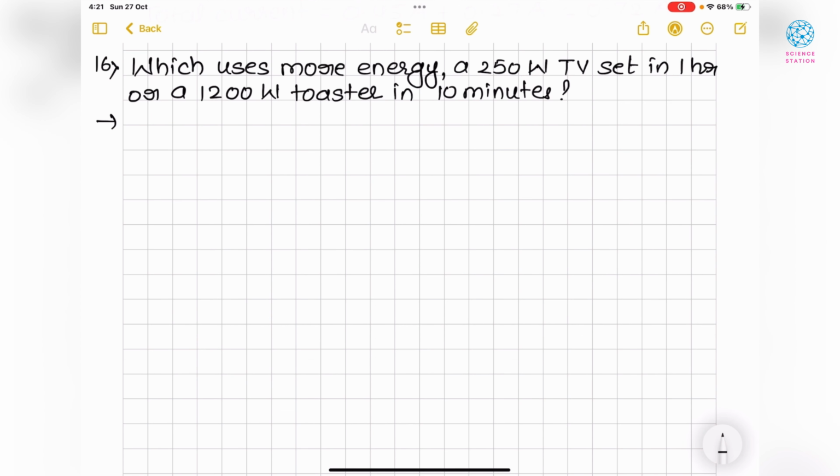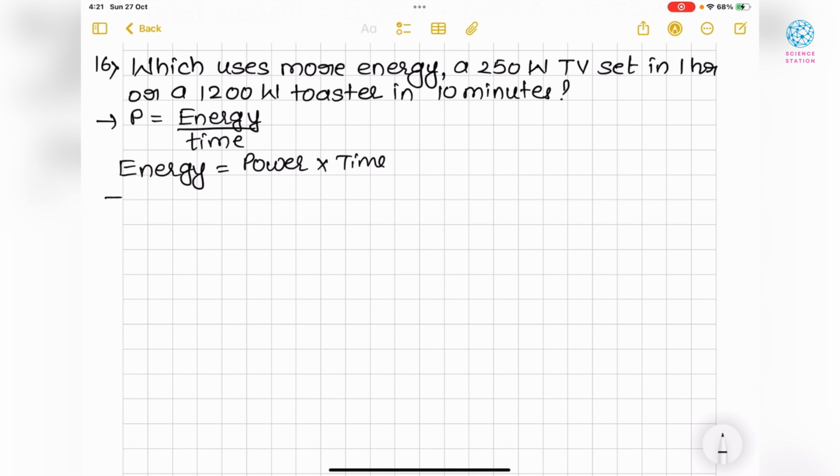Now next question says, which uses more energy, a 250 watt TV set in 1 hour or a 1200 watt toaster in 10 minutes? So P equal to energy upon time. So energy will be power into time.